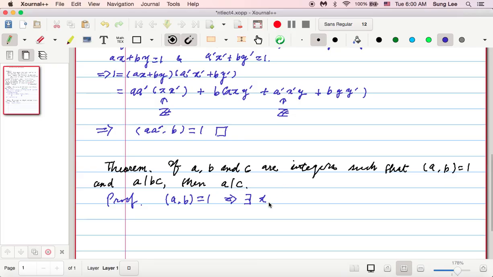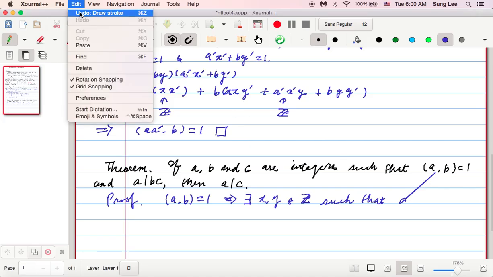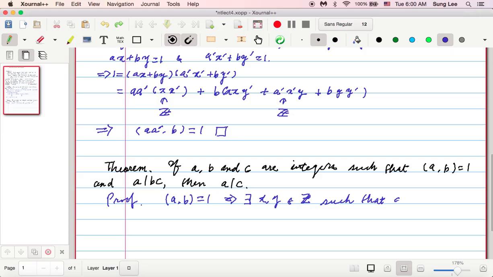So there exist two integers x and y such that ax plus by equals 1.